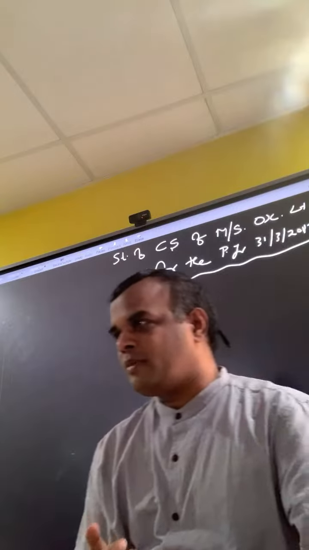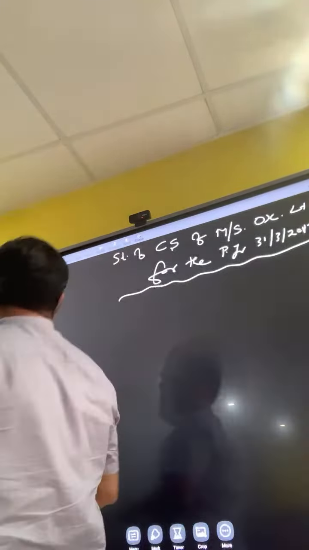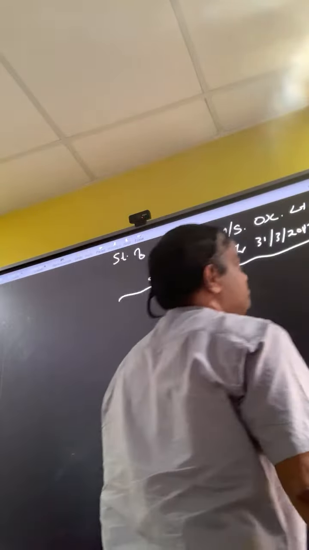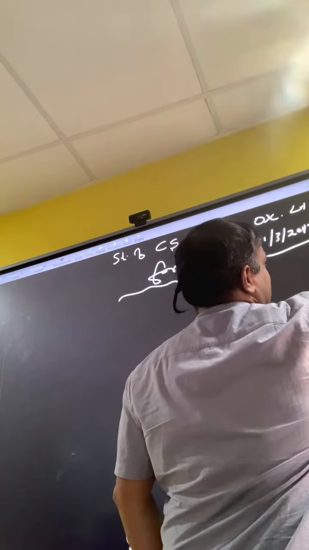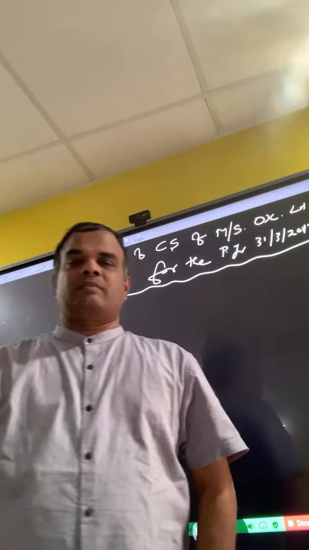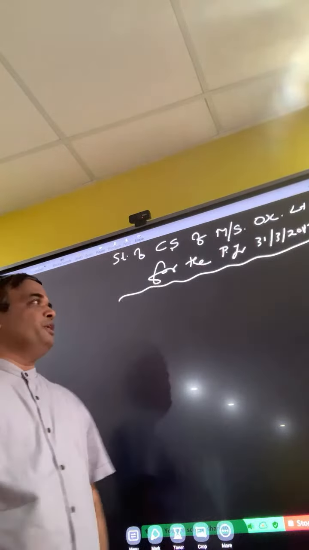Similarly, what's the name? Sriram. How to write? Mr. Sriram. Next. What's the name, Guna? Madhuri.